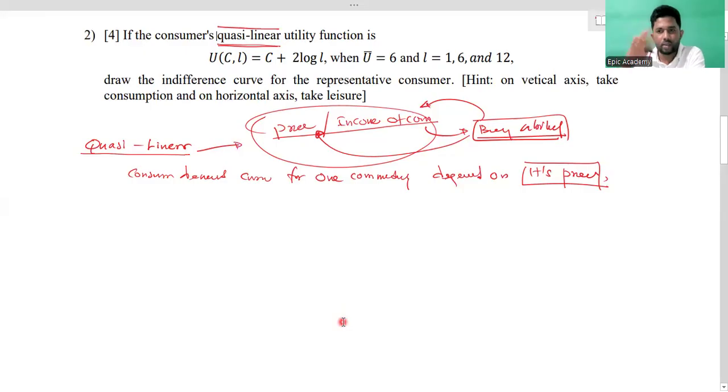Quasi means one part. Okay, quasi-linear method. I think you got to understand.